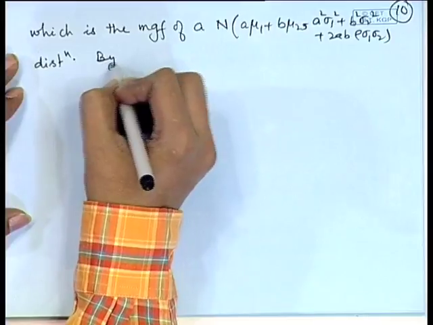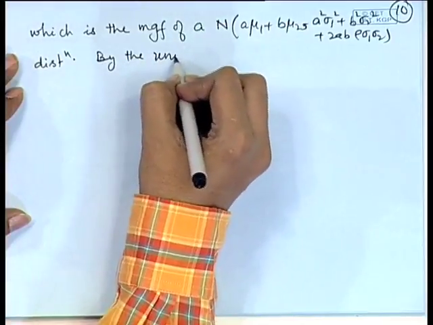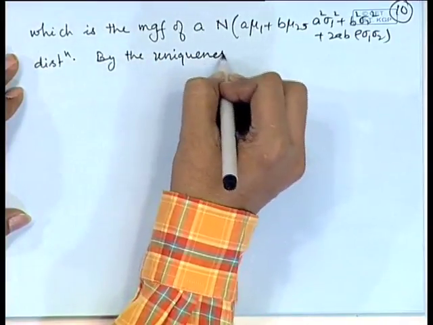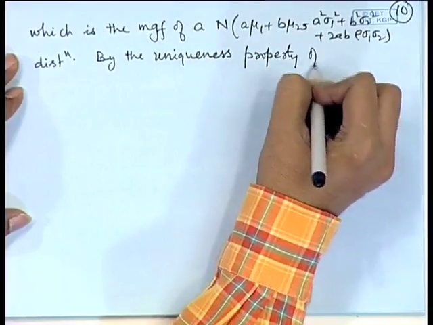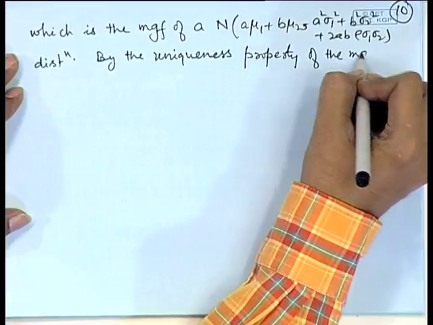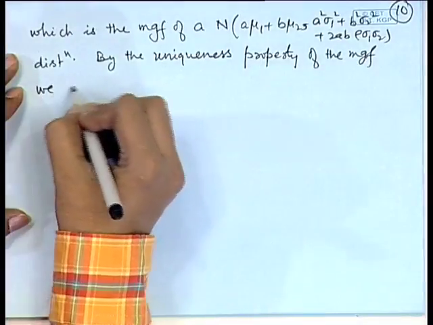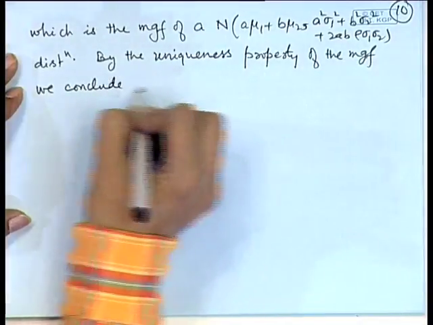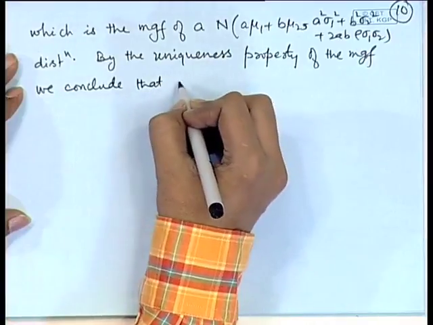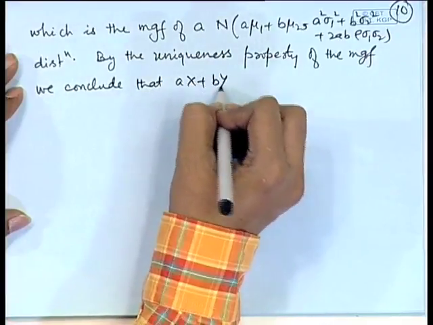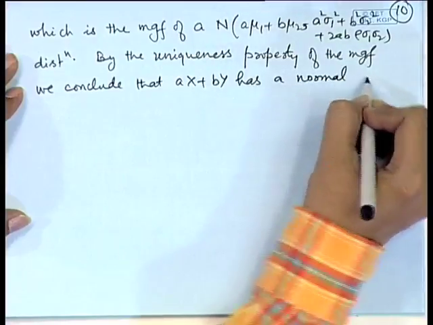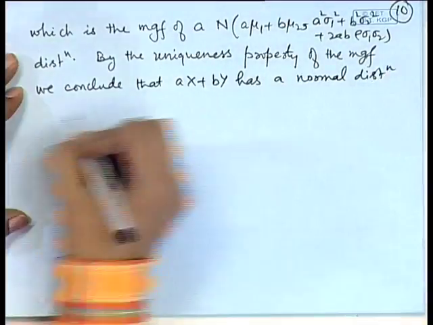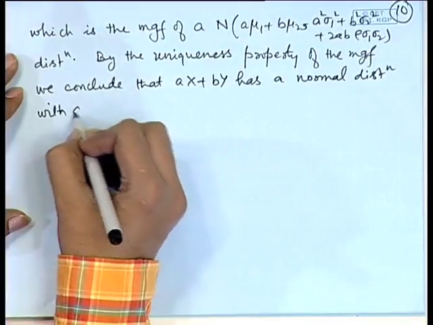So, by the uniqueness property of the MGF, we conclude that aX plus bY has a normal distribution with given parameters.